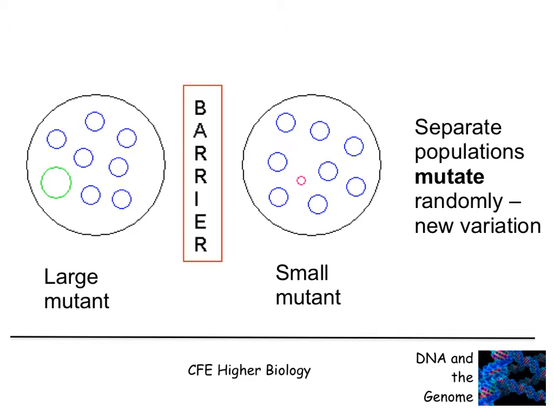Just through normal mutations and random variation, some individuals on this side, imagine there's a large mutant that randomly appears. In the same way, across here on the other side, there's a small mutant in the population.